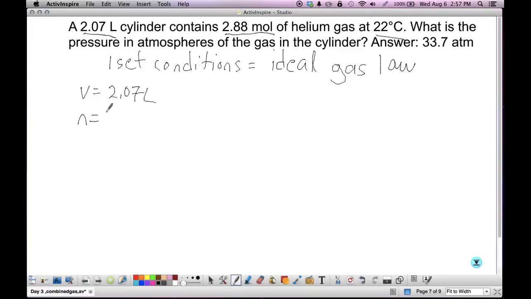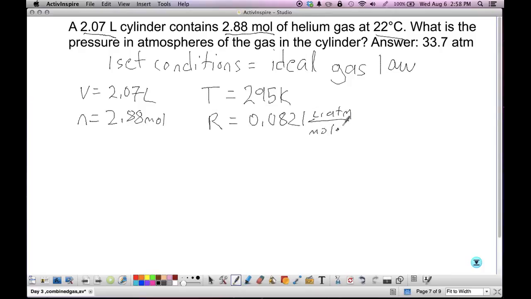My number of moles is 2.88 moles. My temperature is given in degrees Celsius, so remember I'm going to need to add 273 to that to convert it to Kelvin, so that's 295 Kelvin. R is a constant, 0.0821 liters times atmospheres over moles times Kelvin. And I'm trying to find the pressure. Okay, these are all related by the ideal gas law, PV equals nRT.